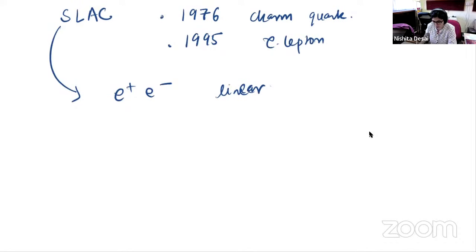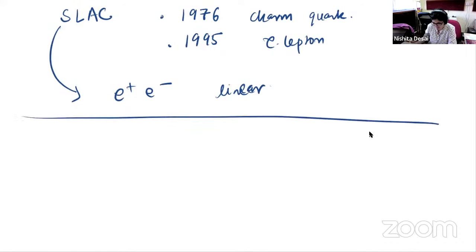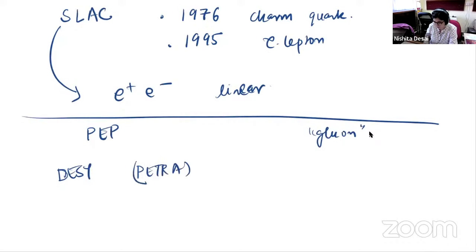Another of the discoveries, made at a previous version called PEP, was that of the gluon, which was also simultaneously made in Germany at DESY, in an experiment called PETRA. Here you had e+ e- collisions, and you looked at what came out, jets in particular.